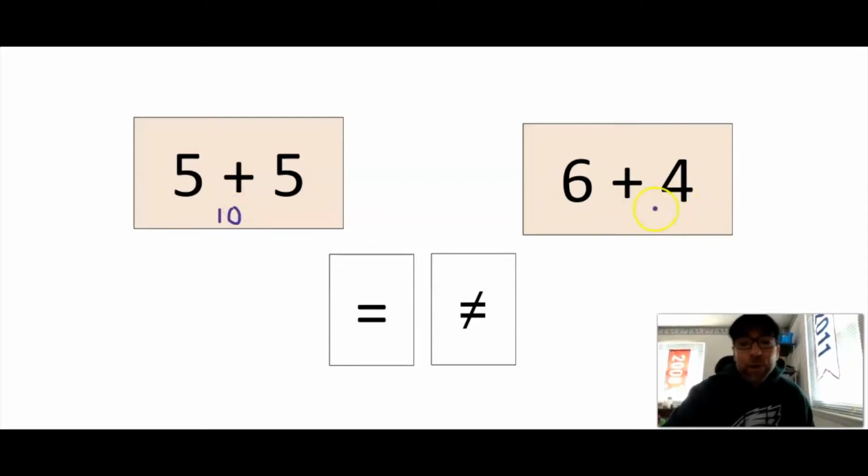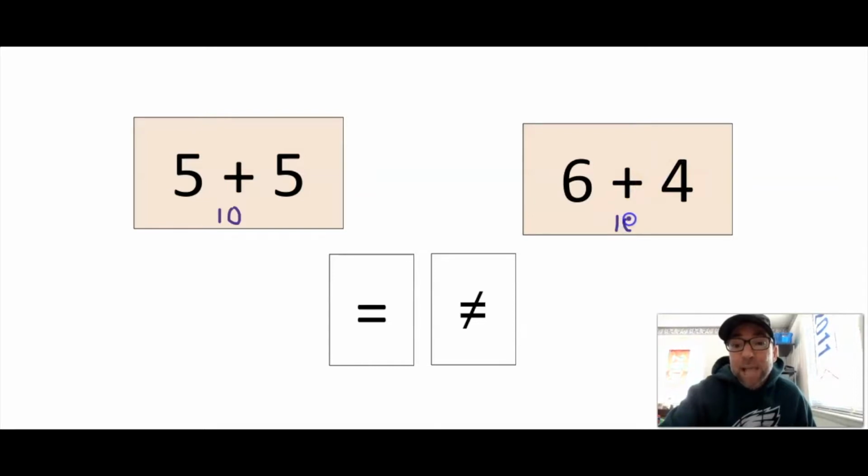Now, my other card that's on the other side is 6 plus 4. Now, we should know what 6 plus 4 equals too, because it is a friend of 10. 6 plus 4 more, 7, 8, 9, 10. So both of our sides equals 10. Both of our cards has a value of 10.